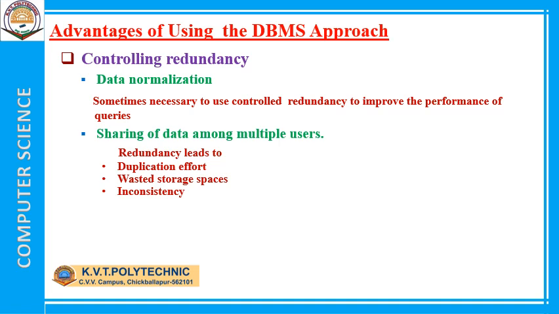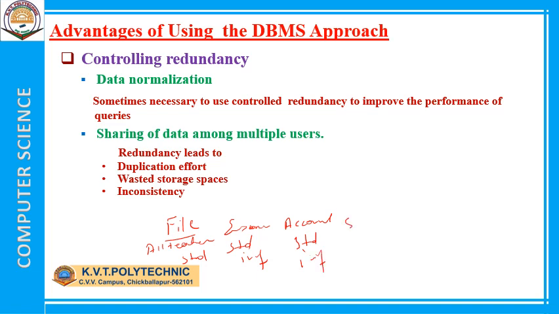We'll take one example here. In file processing, in the college itself, all teachers have the information about the student, and that is one file. In the examination section also they have the student information, and in the account section also they have the student information.